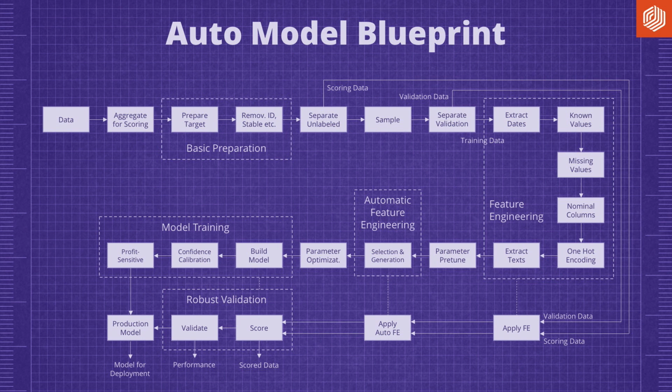I call this basic feature engineering because that should be a given, not too exciting. But now the really exciting thing for RapidMiner's Auto Model is also this automatic feature engineering, where we use a multi-objective optimization technique, which, by the way, is close to my own heart because this was one of the major outcomes of my own PhD thesis.